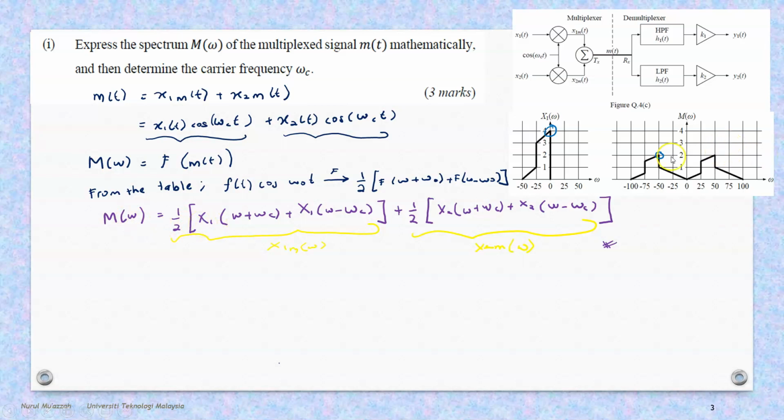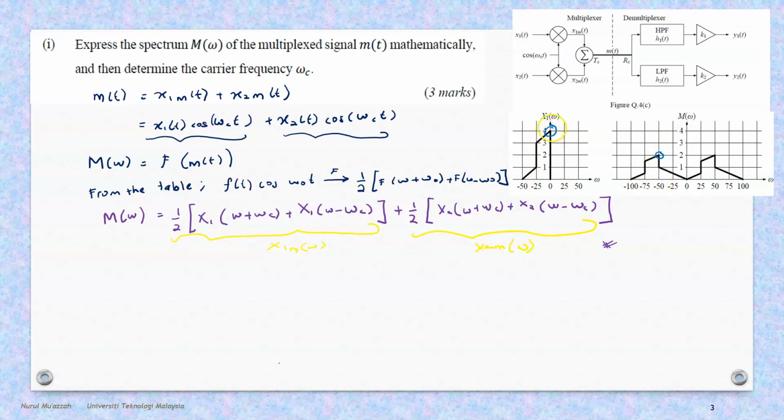So we know that M(omega) here is the modulated signal of x1. But we also notice that the shape is slightly different. So we focus on the shape which is the same here. This shape here is actually the same as this shape here. So we focus on the highest amplitude.